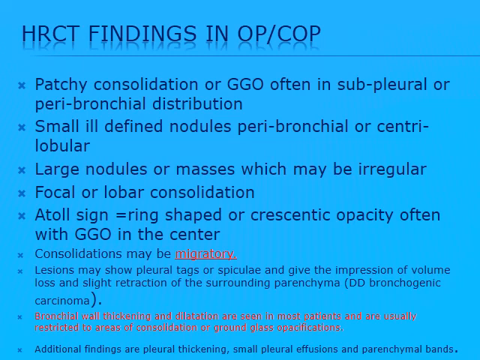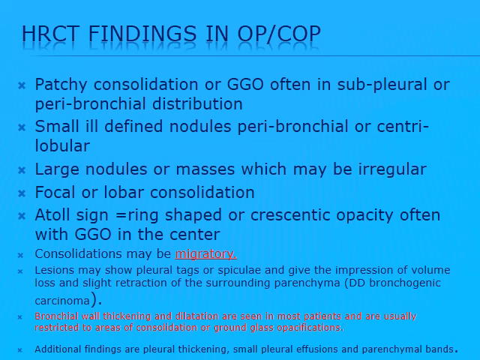Lesions may show pleural tags or spiculae and give the impression of volume loss and slight retraction of the surrounding parenchyma, simulating bronchogenic carcinoma. Also, we can see bronchial wall thickening and dilatation, which is seen in most patients and usually in restricted areas of consolidation or ground glass opacities.